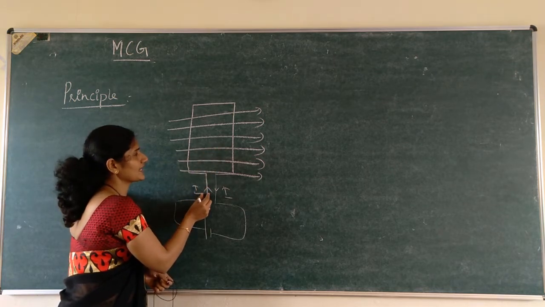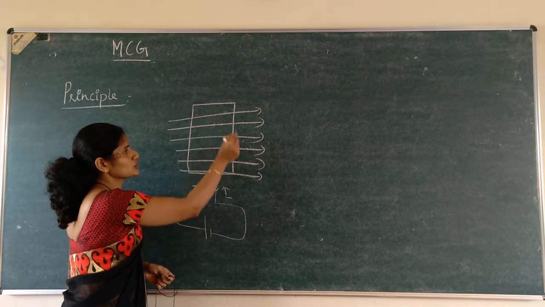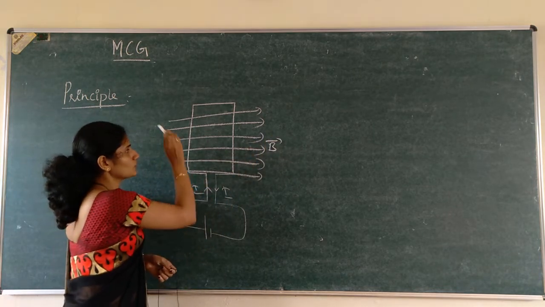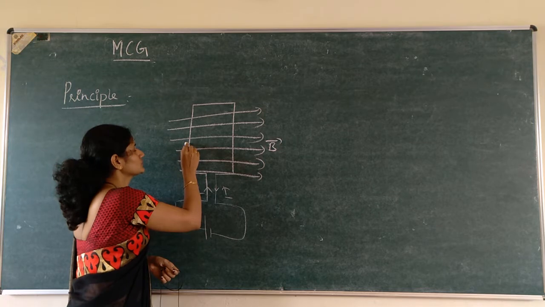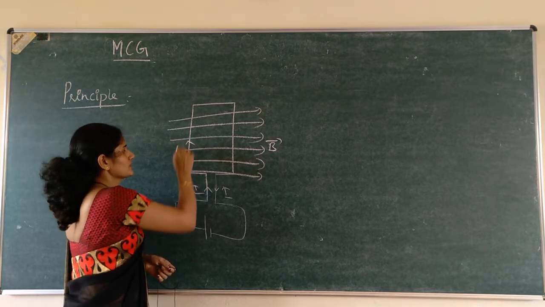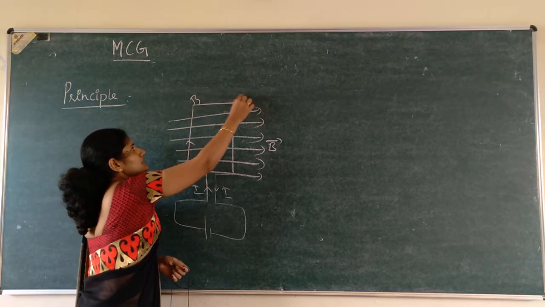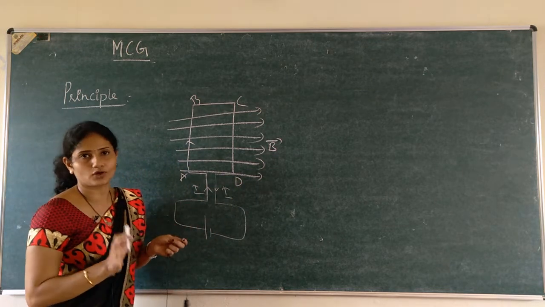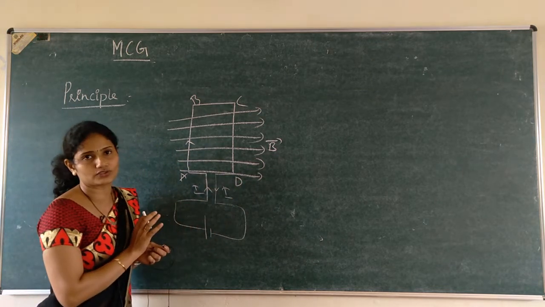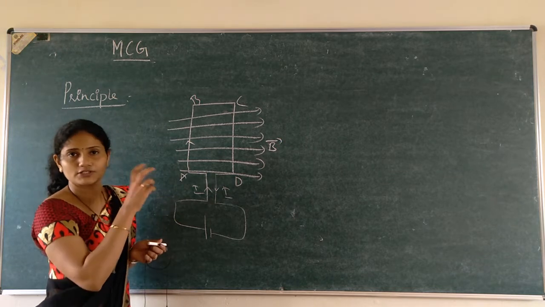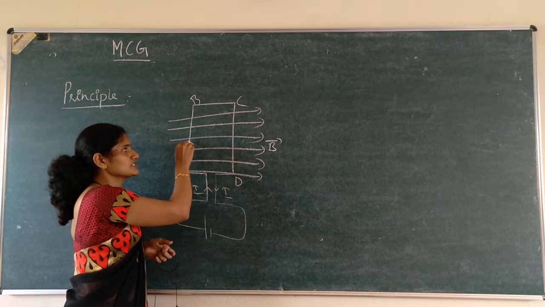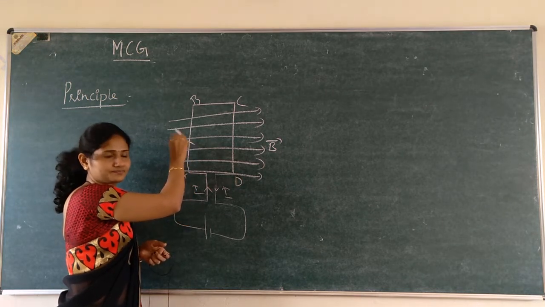So this current carrying coil is placed in the uniform magnetic field B. ABCD is a rectangular coil and I is a current flowing through the coil. When current flows through this arm, what happens?